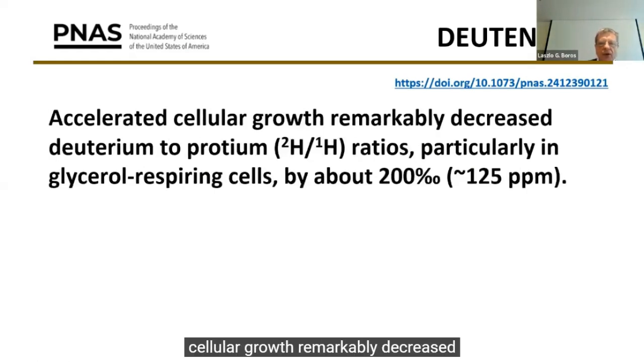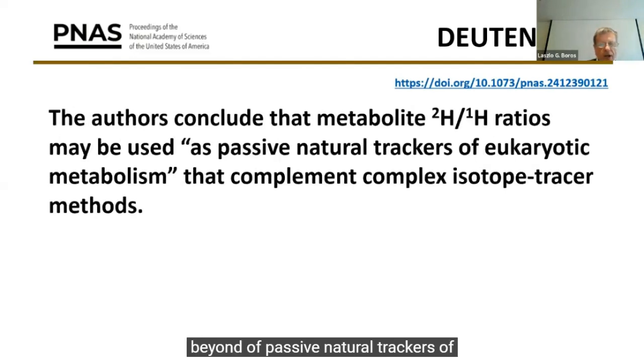Accelerated cellular growth remarkably decreased deuterium to protium ratios, particularly in glycerol-respiring cells, by about 125 ppm. Now that's large. If you are in deuteronomics or you are in stable isotope work, if you see differences of 200% or 125 ppm, you start investigating the phenomenon. So the changes were large enough to go beyond passive natural trackers of eukaryotic metabolism.